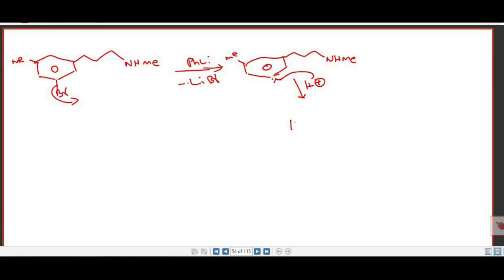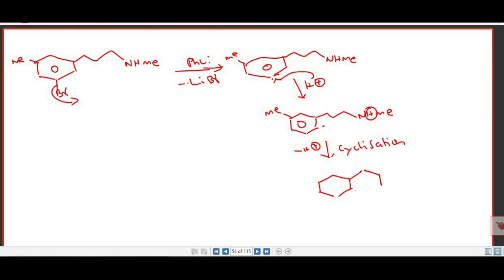We will get the stabilized species. So on cyclization and removing H plus, we get a compound like this: N, Me. A compound like this.